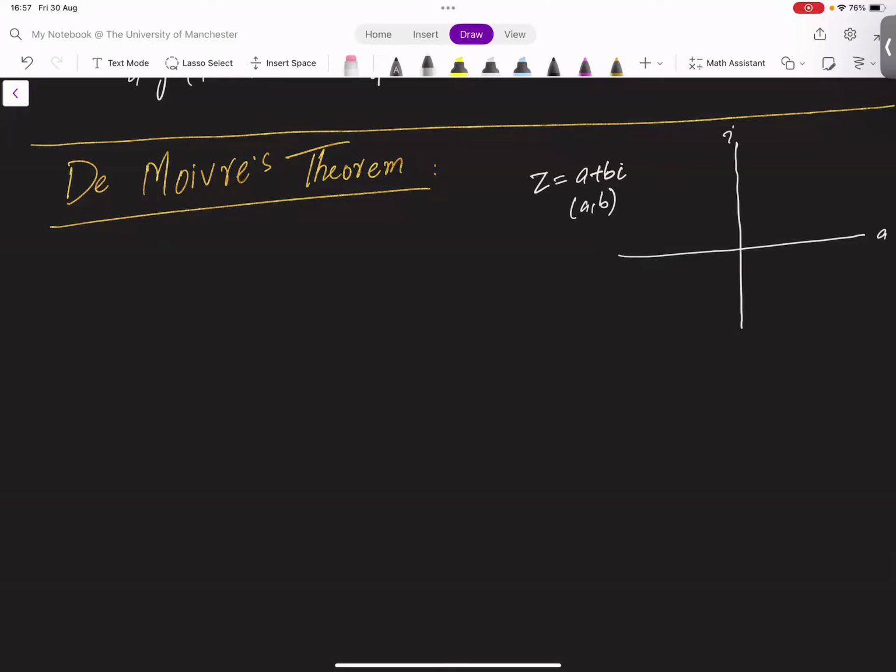Okay. And it is also sometimes simply called the complex plane. So this is known as the Argand diagram, or complex plane. Okay.